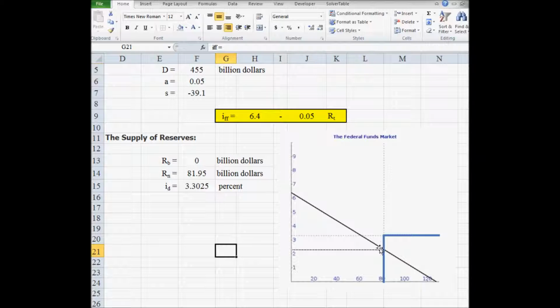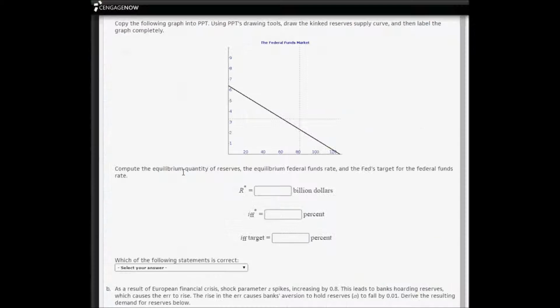When the demand curve crosses the vertical section of the supply curve, we refer to that as normal mode. In normal mode, the discount rate is higher than the equilibrium federal funds rate. So the discount rate is essentially a price ceiling on the federal funds interest rate. Now we want to compute the equilibrium quantity of reserves, equilibrium federal funds rate, and the Fed's target for the federal funds rate.